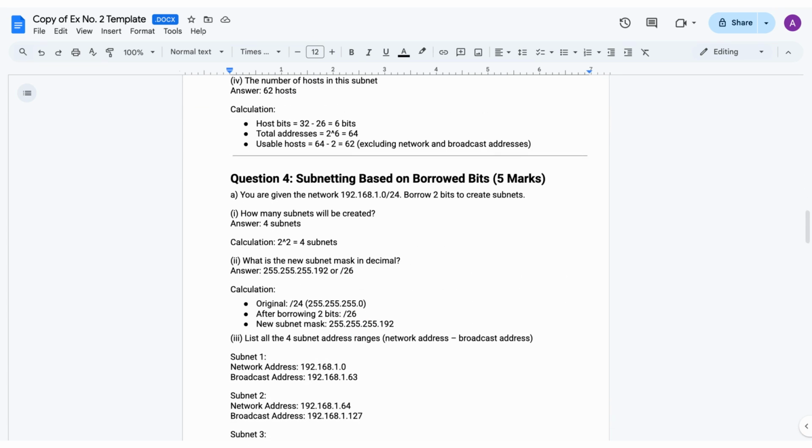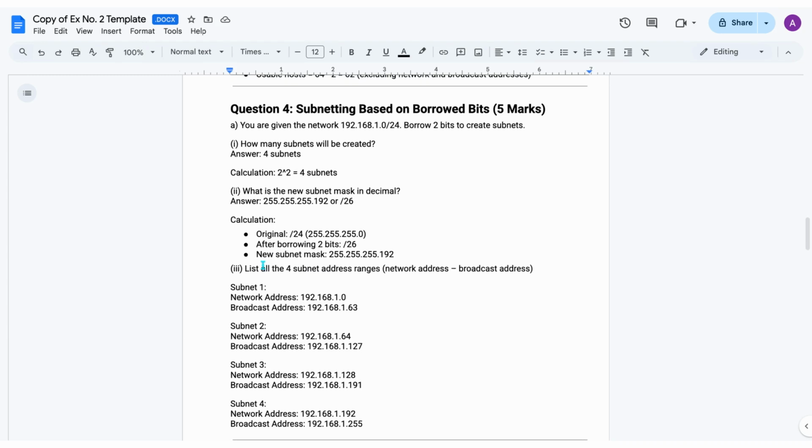Let's move on to question number 4, which is subnetting and borrowed bits. It asks us to create subnets by borrowing 2 bits from the network 192.168.1.0/24. Borrowing 2 bits gives us 4 subnets.